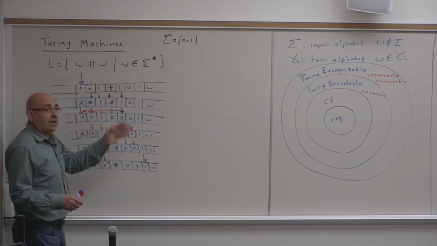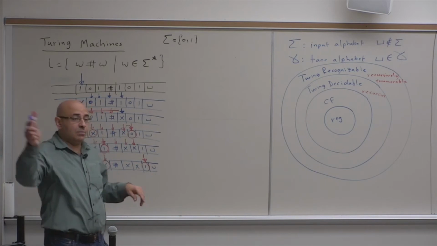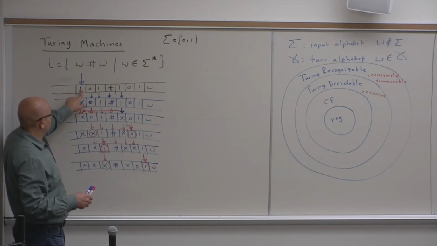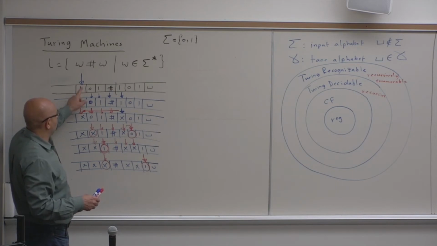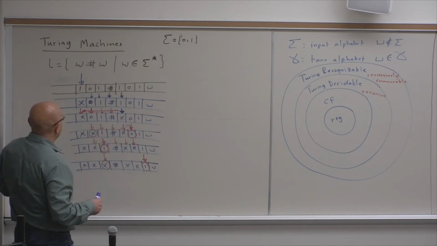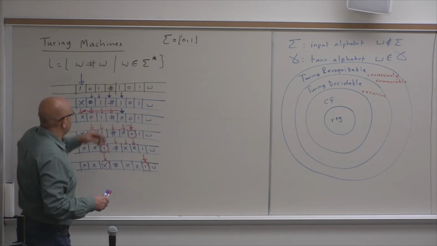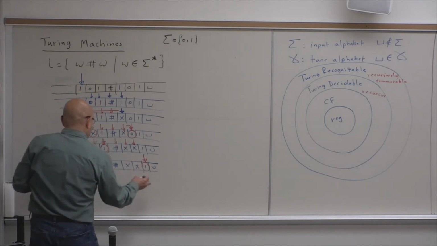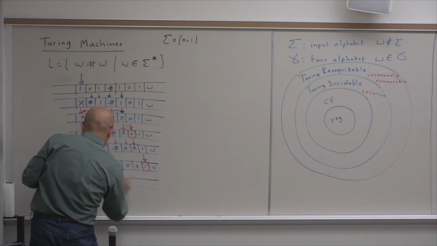So basically, you write a program that does this. It's going to loop. It will check this, and then it will compare it with the corresponding symbol to the right of the separator. And now it's going to mark this as an X.